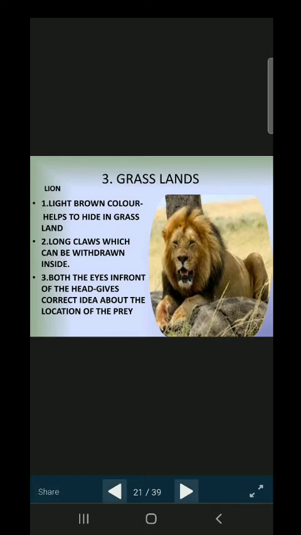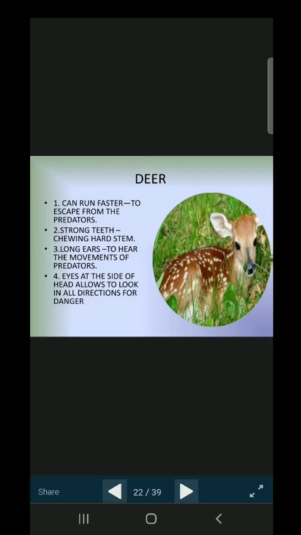Both eyes in front of the head give a correct idea about the location of the prey. The deer can run faster to escape from the predator. They have strong teeth which chew the hard stem, long ears to hear the movement of the predators, and eyes at the side of the head allowing them to look in all directions for danger.